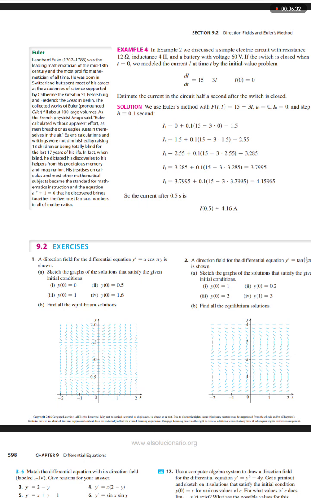Estimate the current in the circuit half a second after the switch is closed.